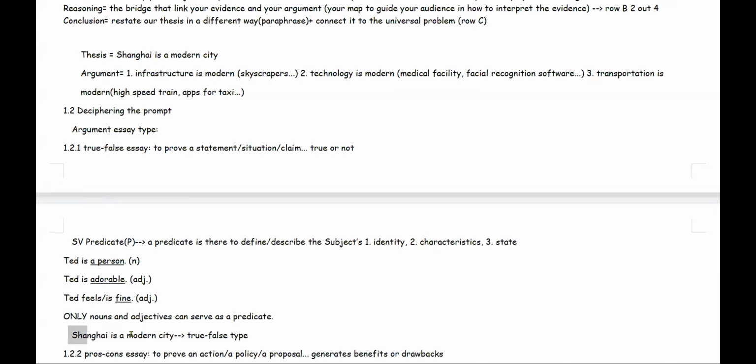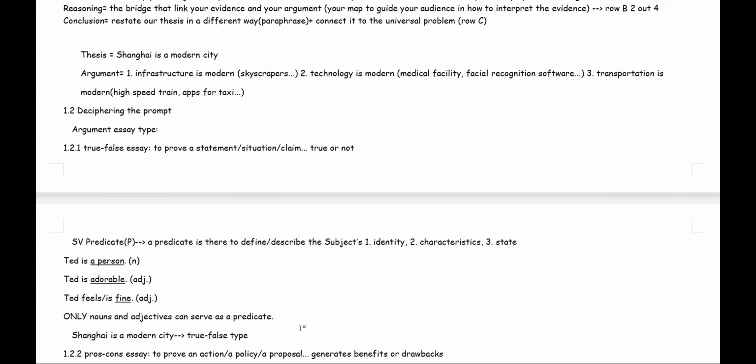So when you see a prompt like "Shanghai is a modern city," we have a subject, a linking verb or be verb, and a noun. In this case, it's true-false.